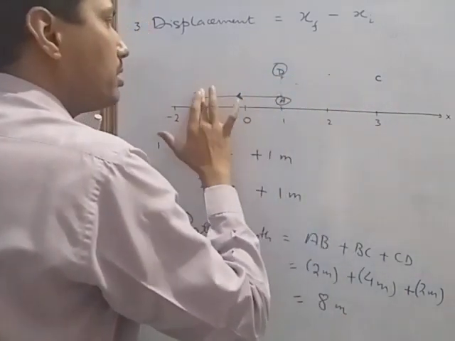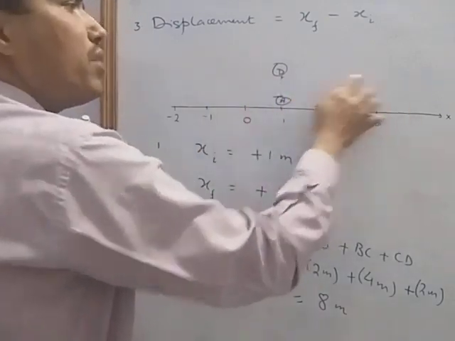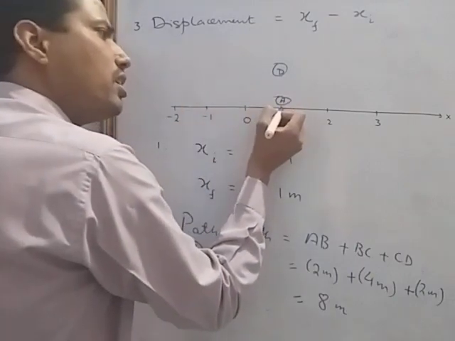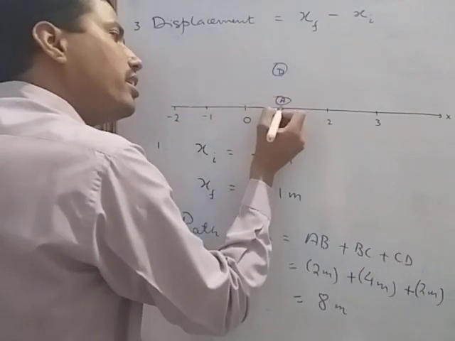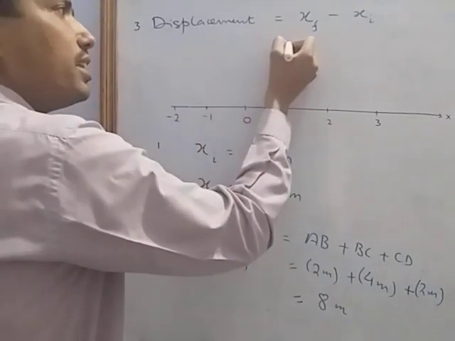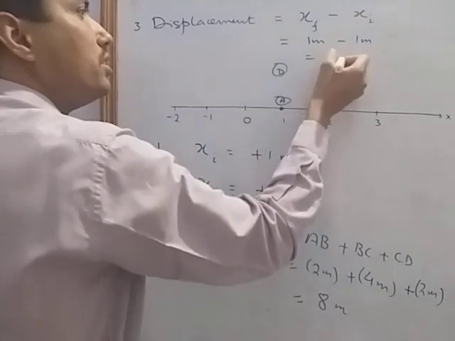So I'll remove the path. After removing the path, what do we find? It was at this position initially, and finally also it is at the same position. So xf minus xi becomes 1 meter minus 1 meter. That is how much? 0.